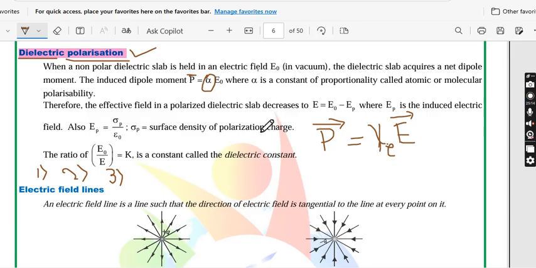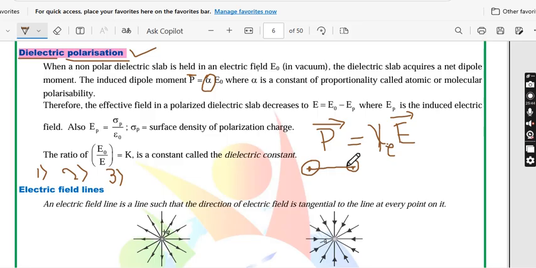A polar molecule is one in which the centers of positive and negative charges are separated. Suppose this is a positive charge and this is a negative charge, whose centers are separated even in the absence of an electric field or external field.